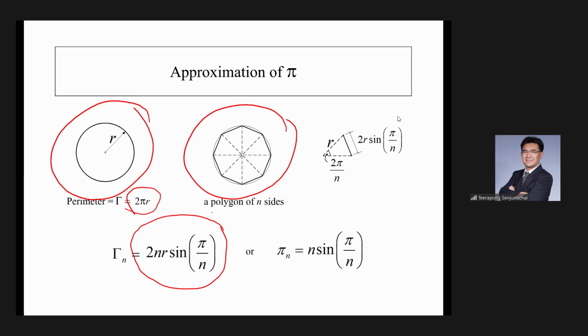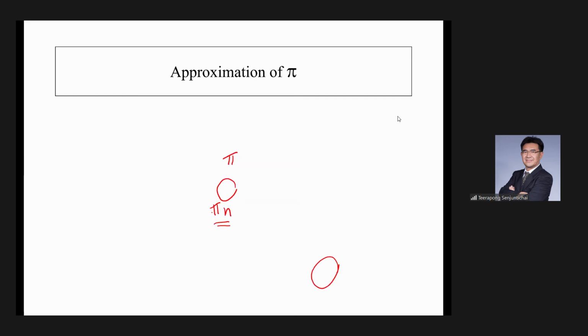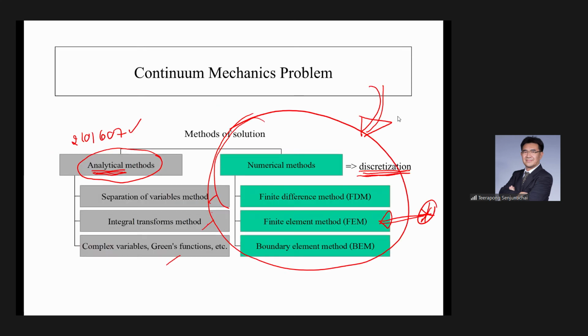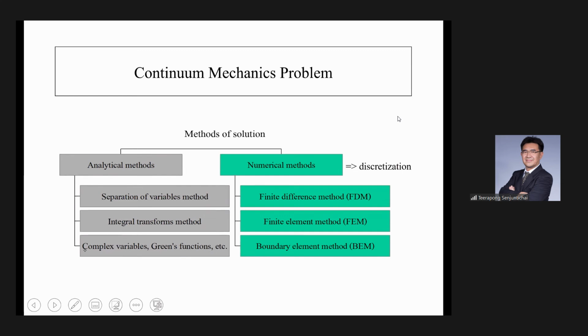But in some cases, you may need to perform numerical methods because it's not possible to go this way to get the solution you want. So then you may be required to go this way.